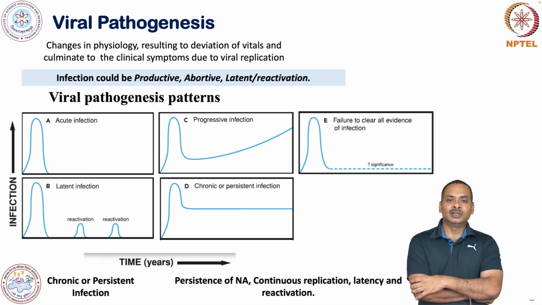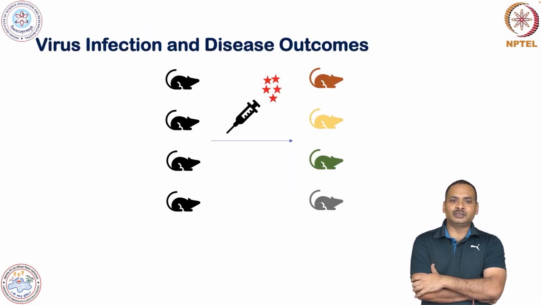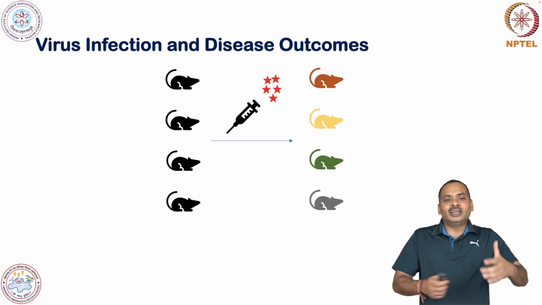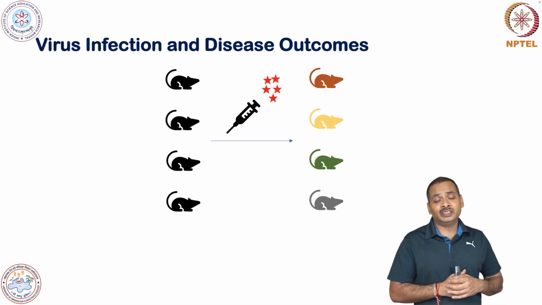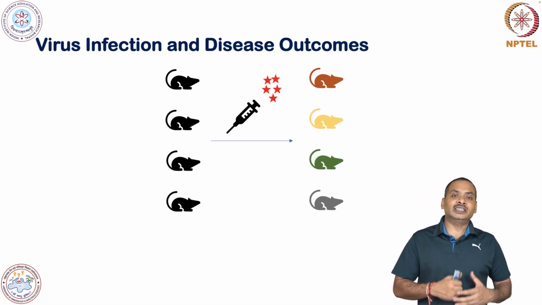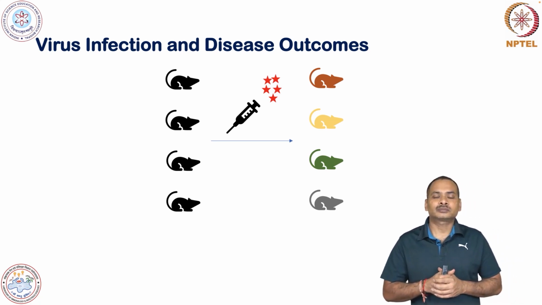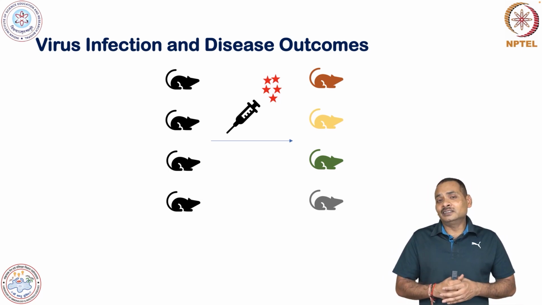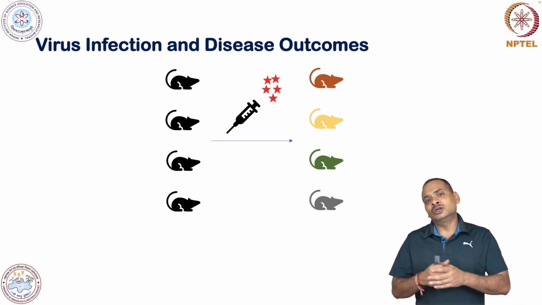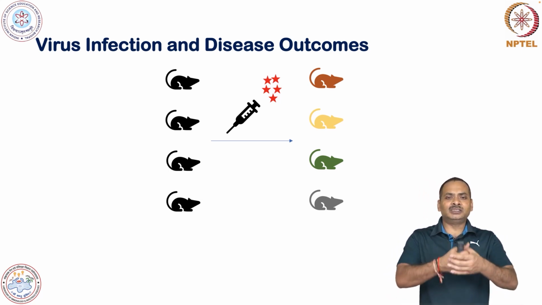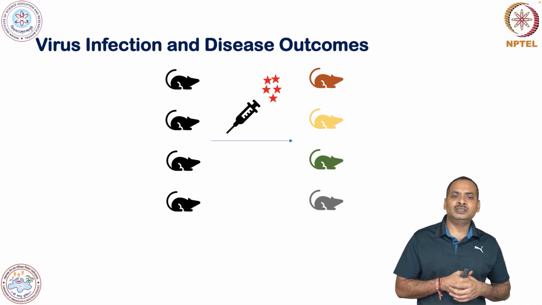So this is all about viral pathogenesis. Here I would like to say that when there is an infection to the host, the outcomes are not always the same. Here I am showing one simple experiment.